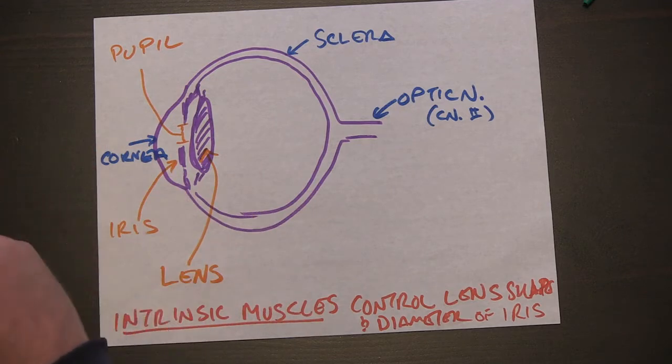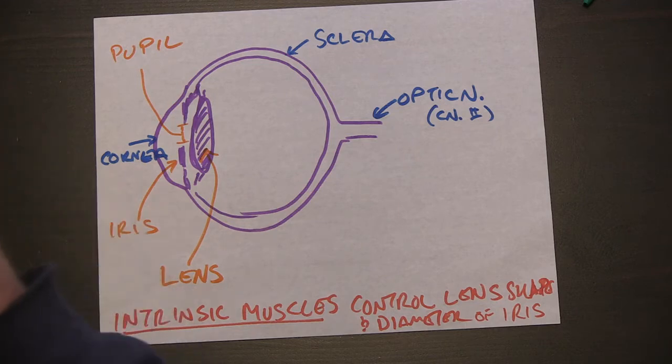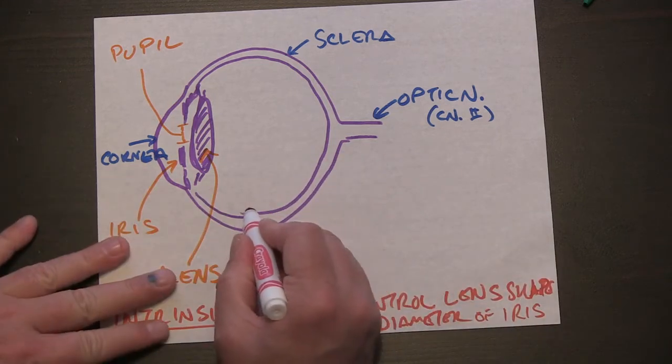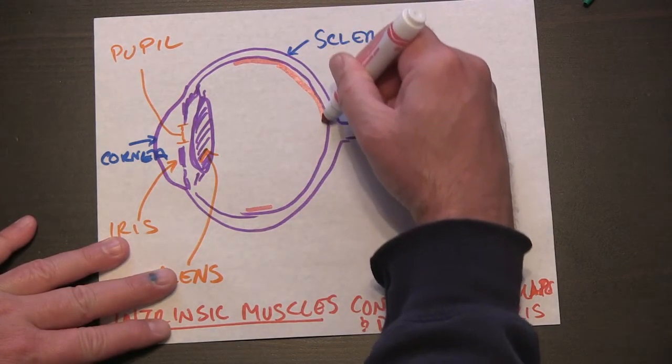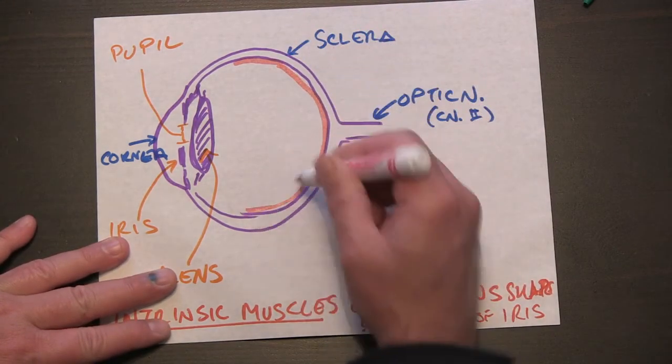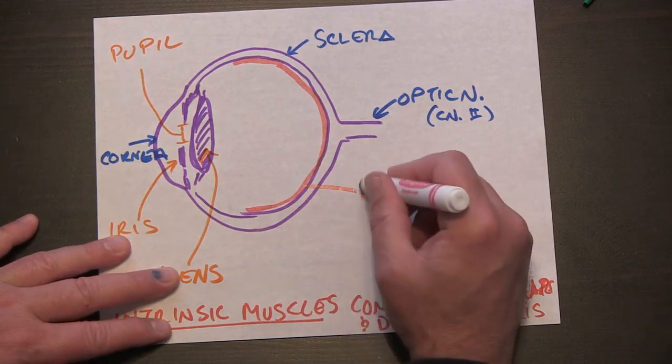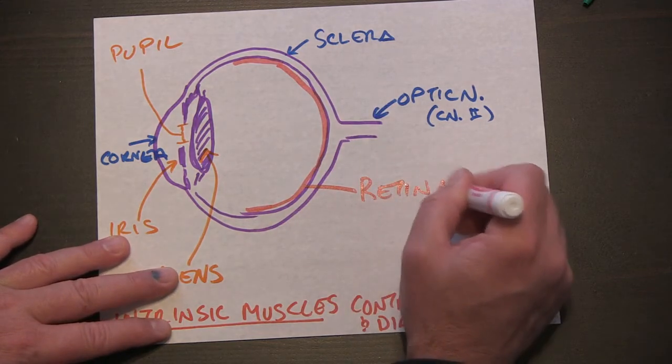The inside layer of the eye is the retina.